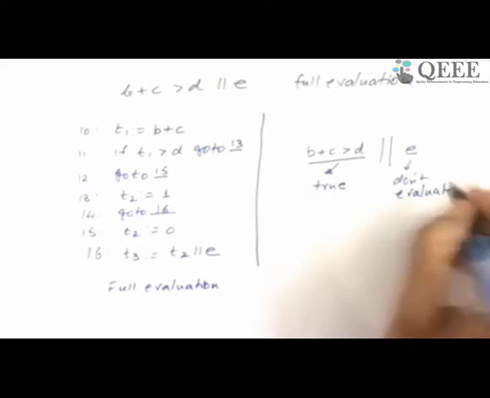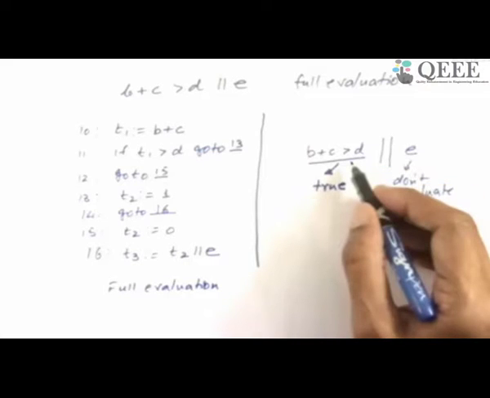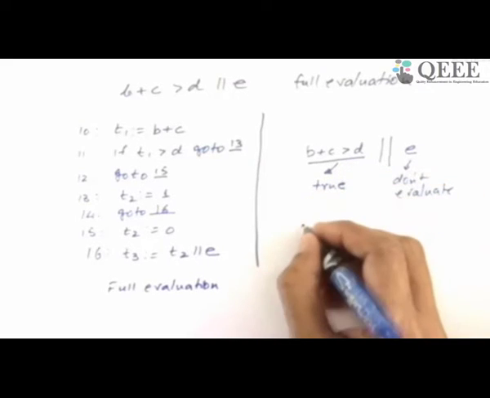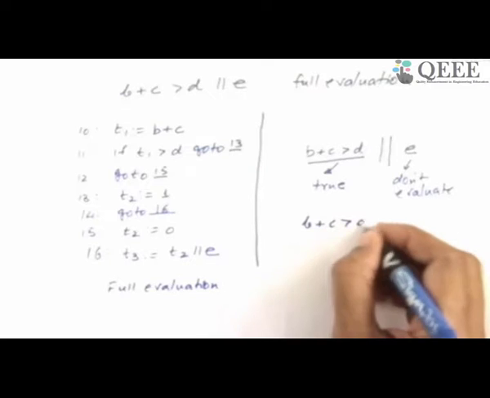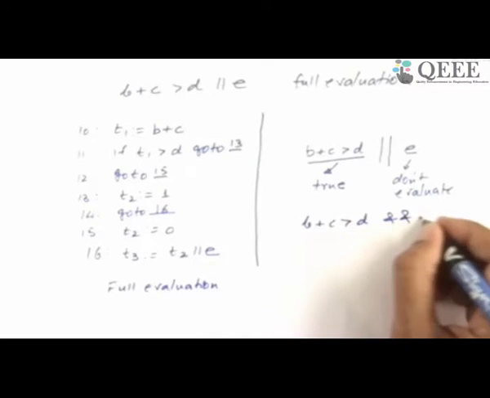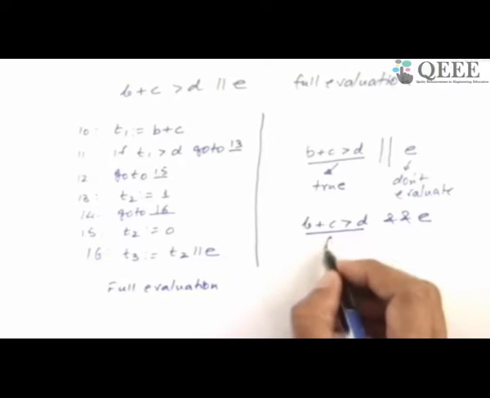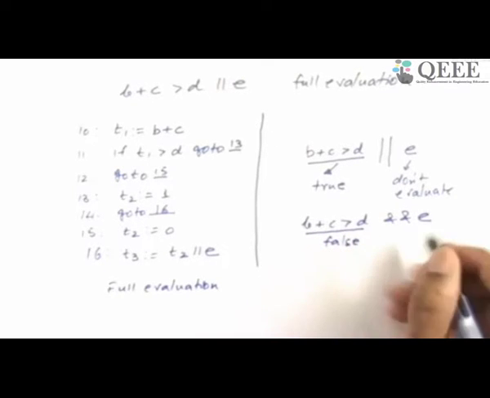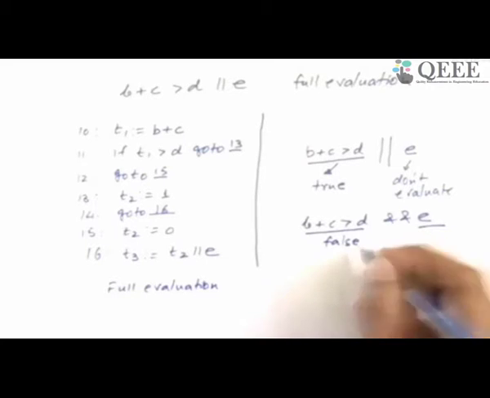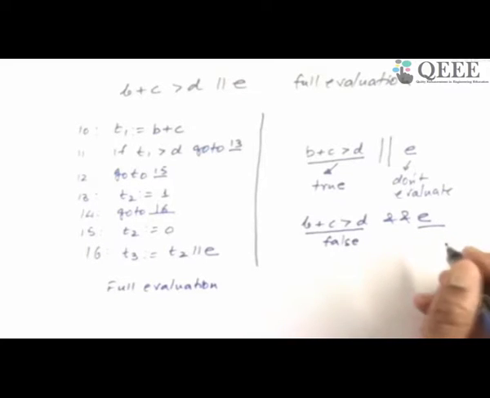Why do you waste time evaluating E? Because it's already true. Had this been B plus C greater than D and E, again this whole thing is Boolean. If this thing happens to be false, then don't evaluate E, because this is false, the whole expression is false, independent of the value of E.